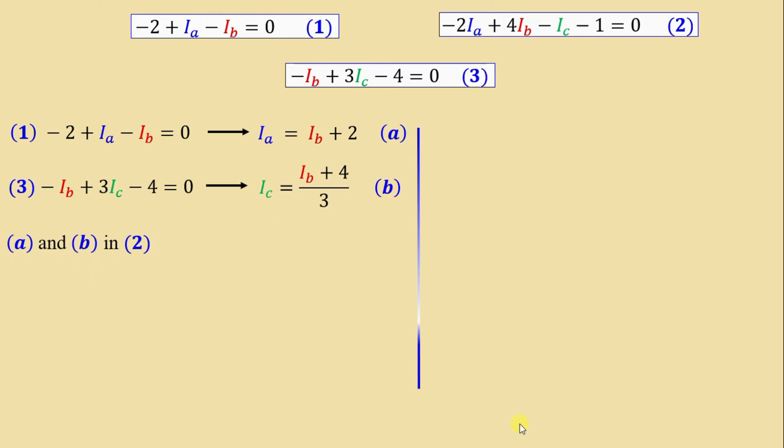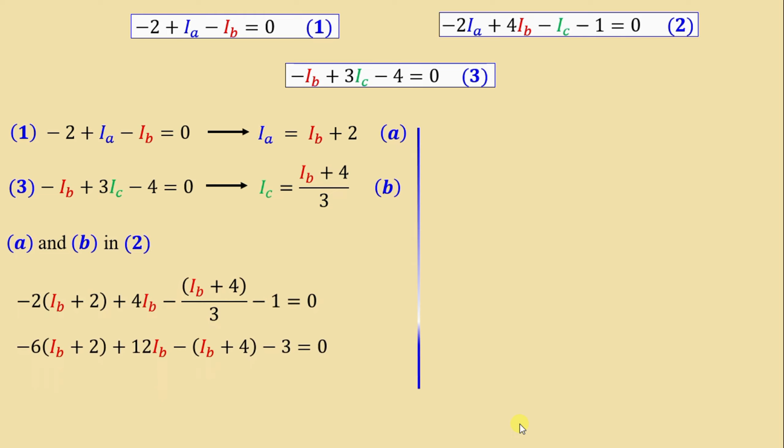Now by substituting A and B in 2, we derive an equation that exclusively relates to IB. We need to put this equation in common denominators. We obtain negative 6 IB plus 2 plus 12 IB minus IB plus 3 minus 3 is equal to 0.